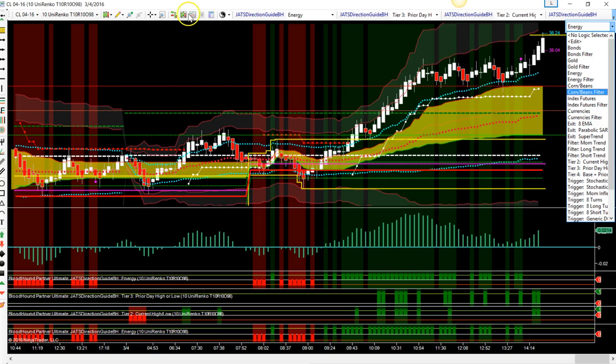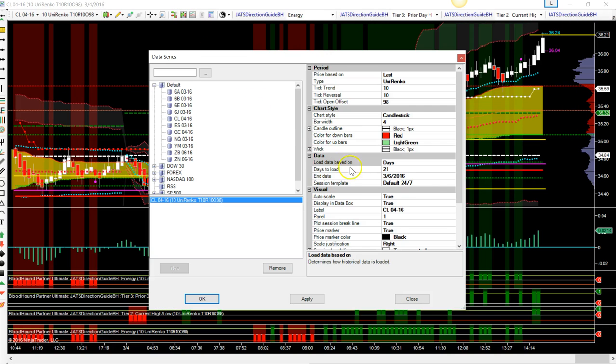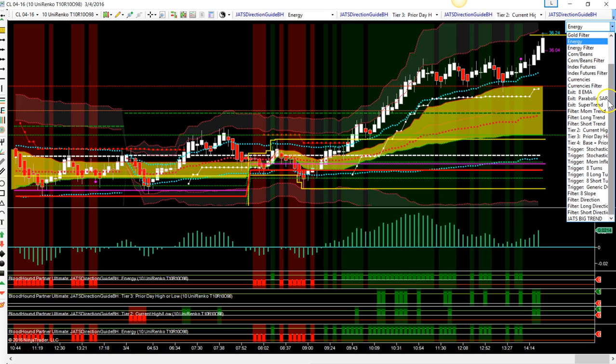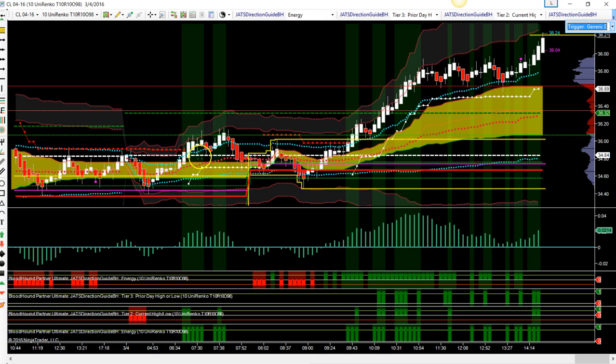Just put your data on 24/7 default, and the solver will choose that regular trading hour session, which was set up for the markets before they took away the regular trading hour session, essentially. But you can get a generic direction guide that will do the same thing, but with Globex.